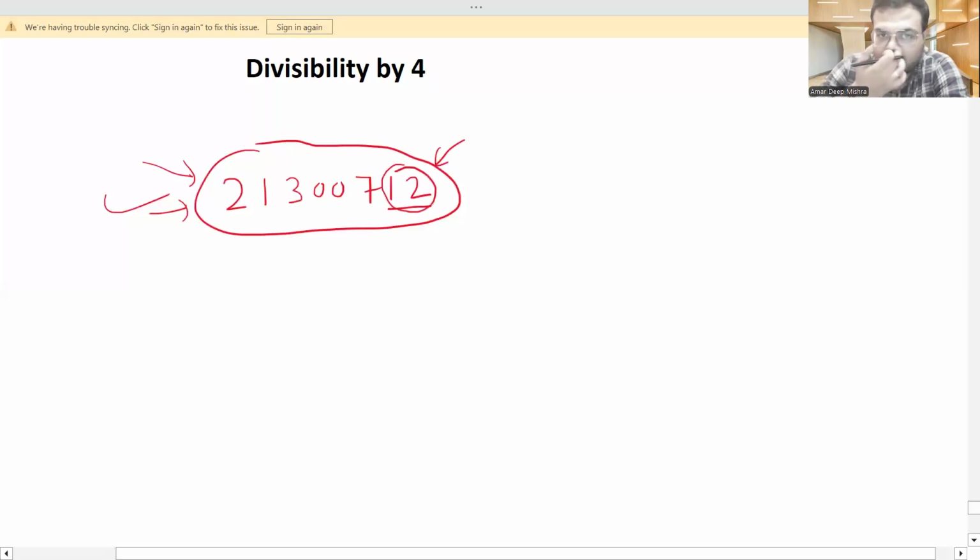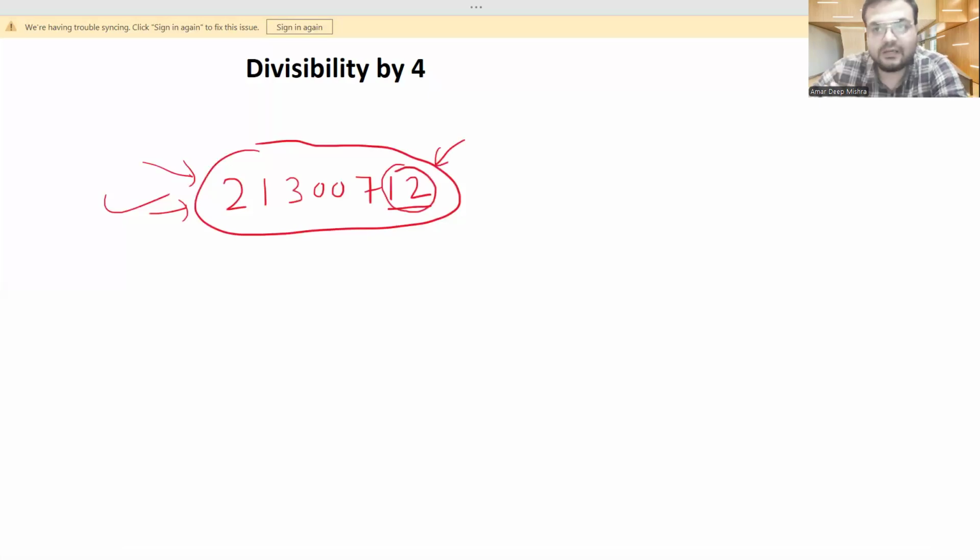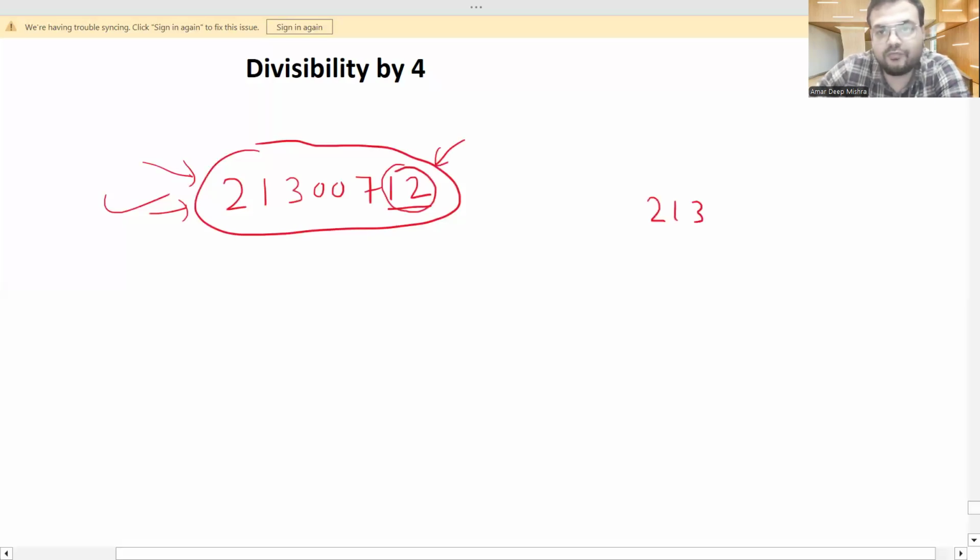Okay. Right. Similarly, if you have to find out what will be the remainder if you divide a number by 4. Okay. Suppose somebody asks you 213,457. Find out the remainder if you divide this number by 4.